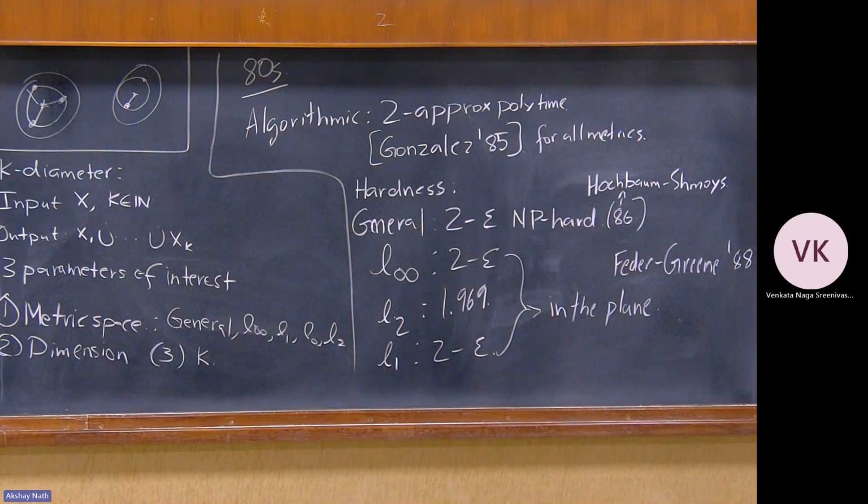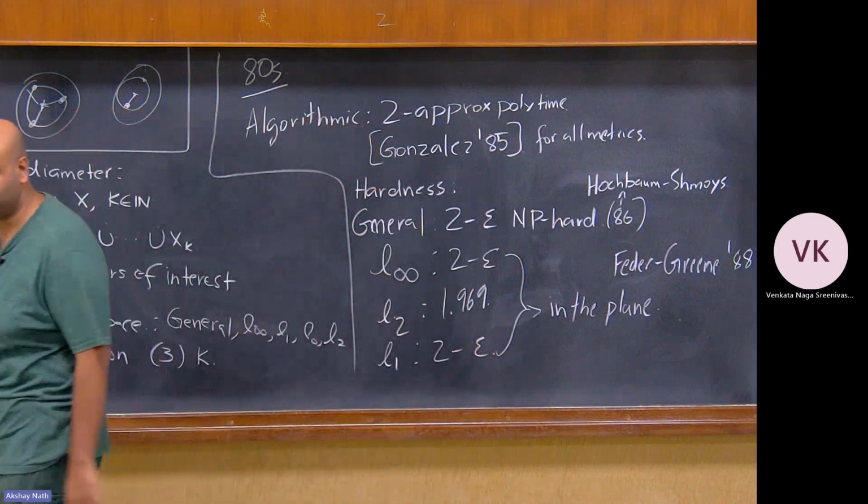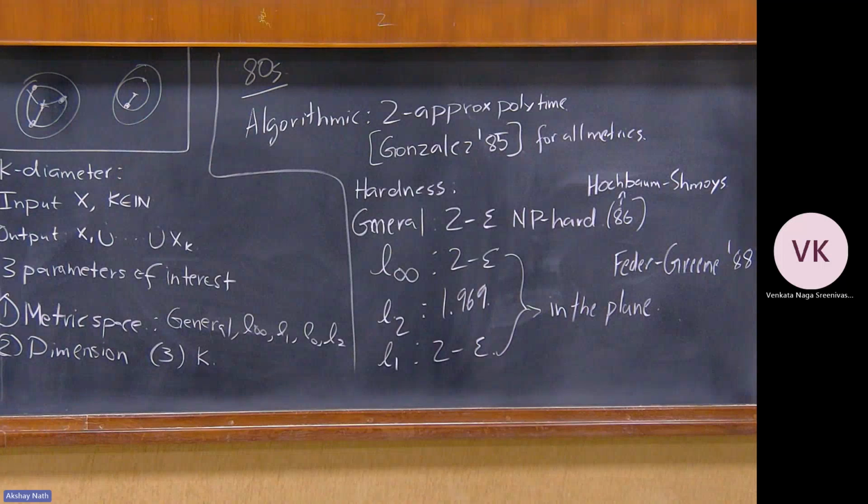So this gap between 1.969 and 2 has been open for almost 40 years now. That's not the focus of this talk, but clearly this is one of the major open problems today: either come up with something better than 2 from the algorithmic side, or 2 minus epsilon from the hardness side.